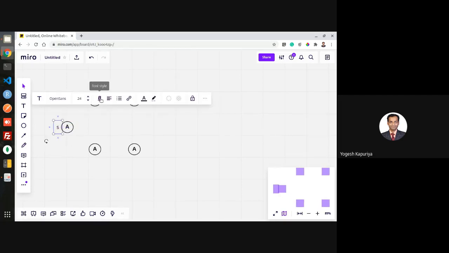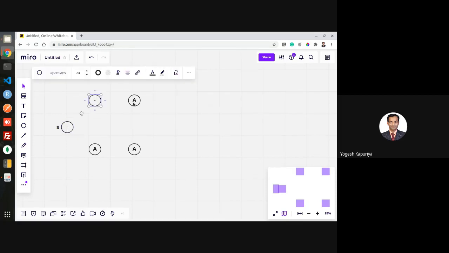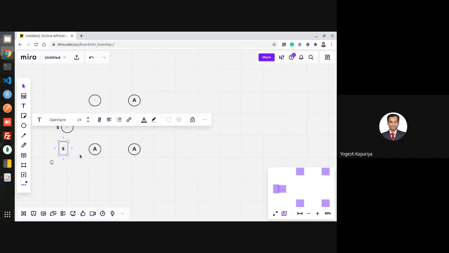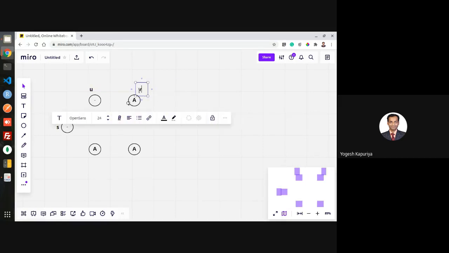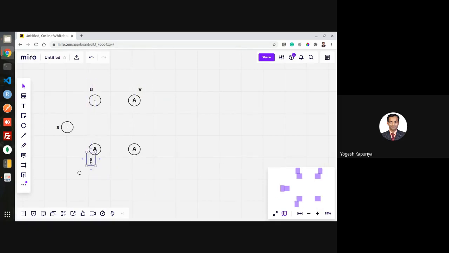This is vertex S, you have vertex U, then you have vertex V, one more vertex X, and Y. These are the five vertices, and S is our source vertex.